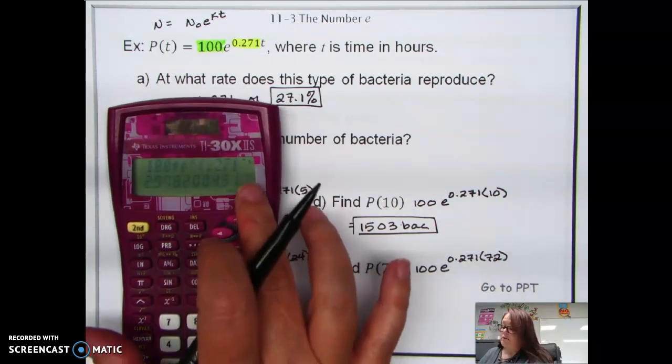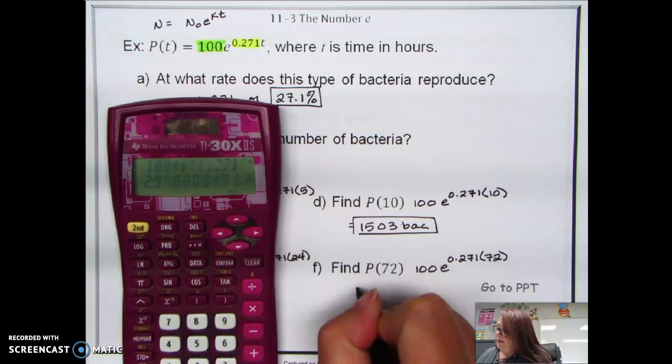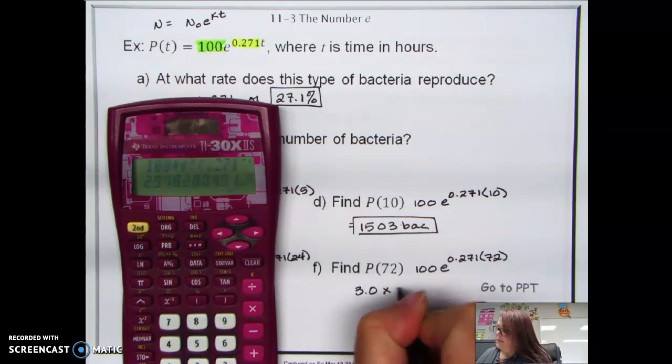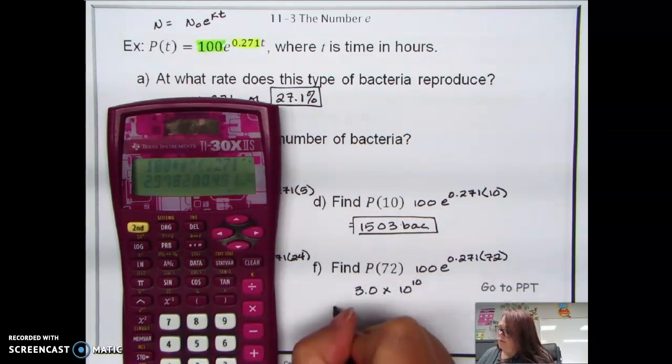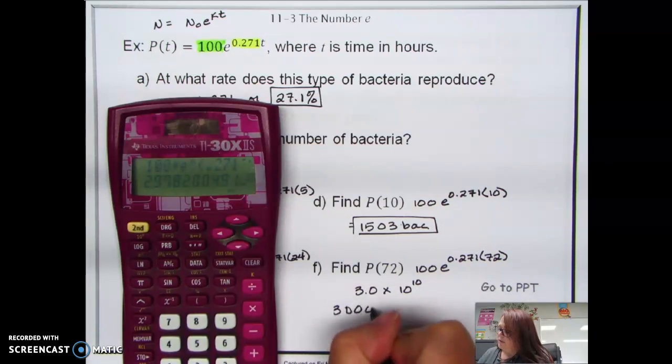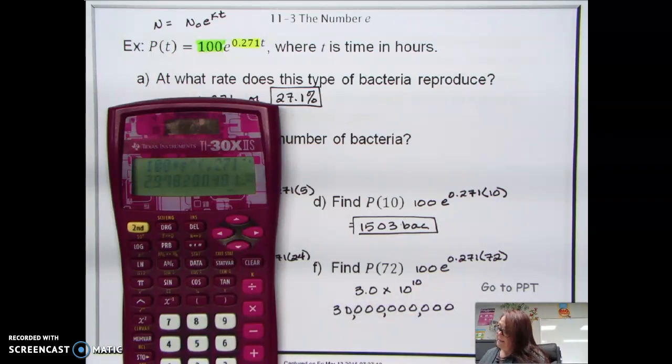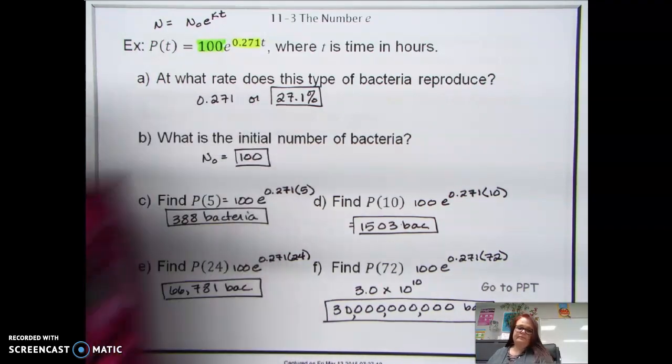Notice there's this little 10 over here. So that means I have 3.0 times 10 to the 10th power, or 3 with 10 zeros. 1, 2, 3, 4, 5, 6, 7, 8, 9, 10. So we're looking at 30 billion bacteria after just 3 days if nothing stops that rate of growth.